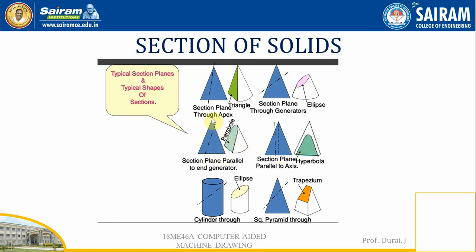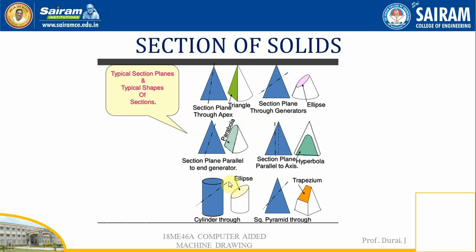These slant edges we can call end generators. If it is cut parallel to the axis somewhere else, you can get a hyperbola. This is a cylinder cut exactly in the middle, so we get straight lines, and here also straight lines, and a triangular surface we can get.